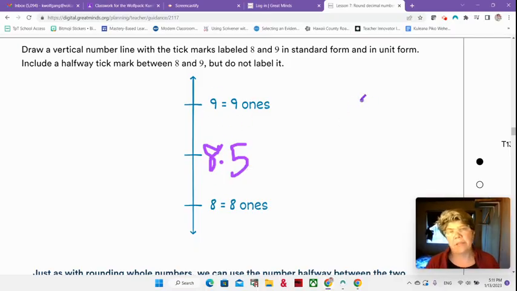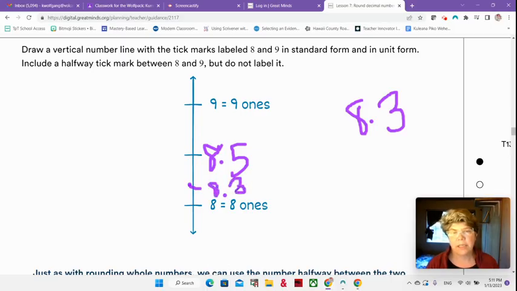If I had 8 and 3/10, where would that fall on our vertical number line? 8 and 3/10. So that would be about here. Right? 8 and 3/10. Is that closer to 9 or closer to 8?